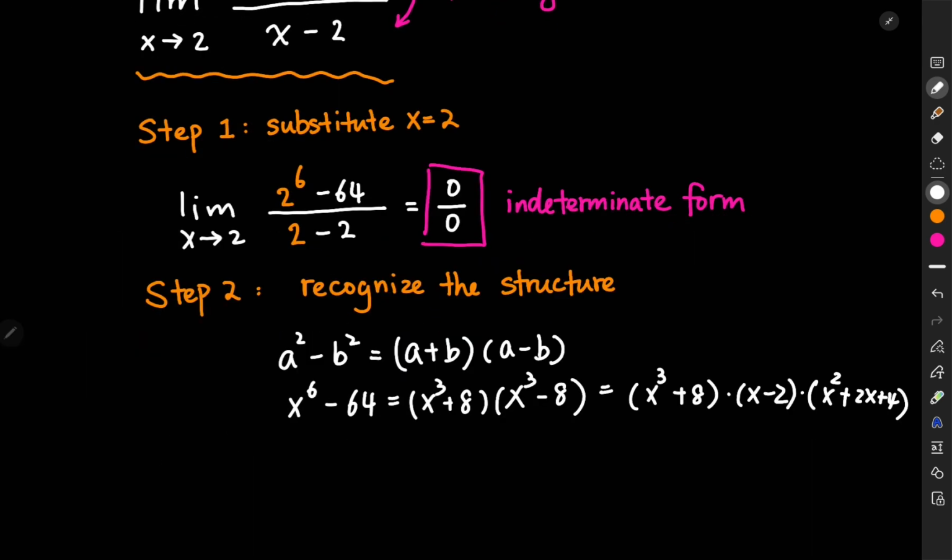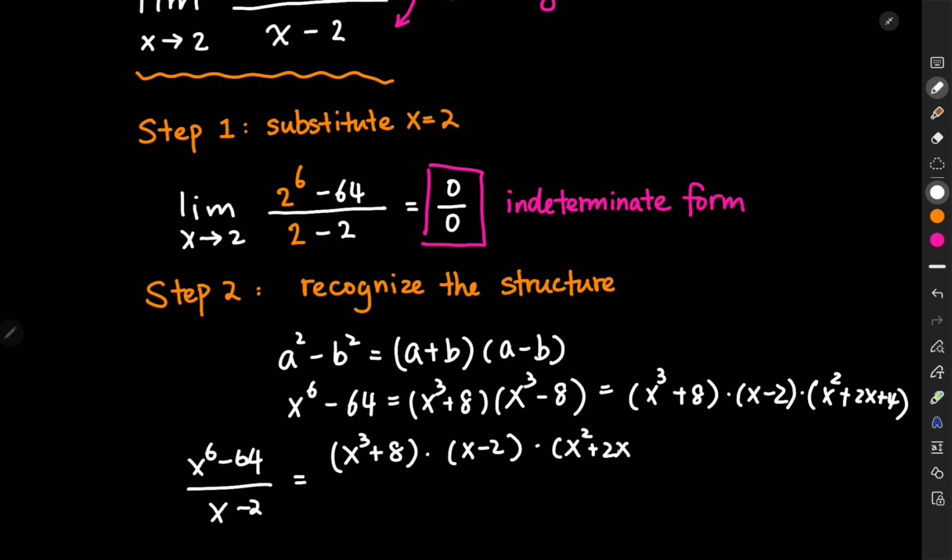And now we have x to the 6th power minus 64 over x minus 2 is equal to x to the 3rd power plus 8 times x minus 2 times x squared plus 2x plus 4, so we just moved whatever is in here down over x minus 2.